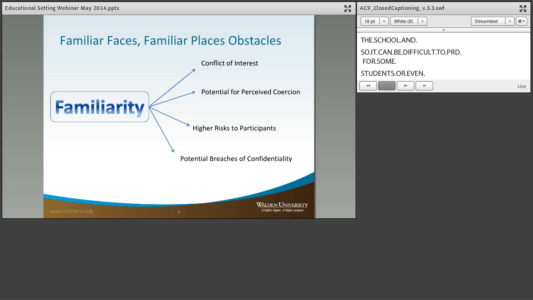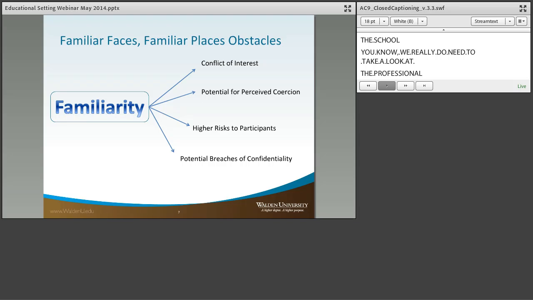And then again, with the potential for perceived coercion and the potential of actual coercion, depending on the student researcher's role in the school, we really do need to take a look at the professional role of the student relative to how they intend to collect the data.